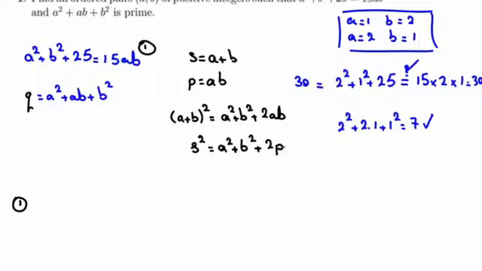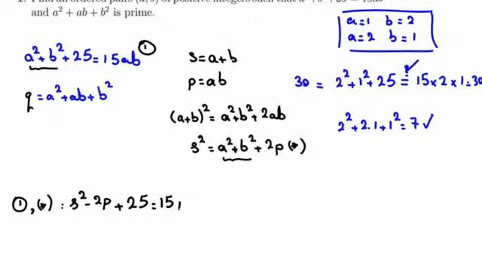From 1 and star, a squared plus b squared is s squared minus 2p. So s squared minus 2p, plus 25, equals 15ab, which is 15p because ab is the product.